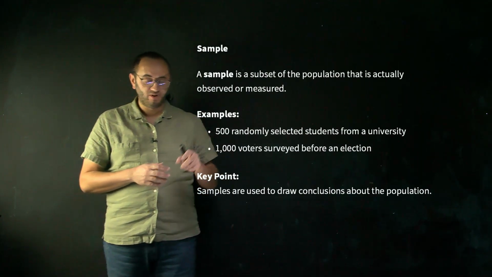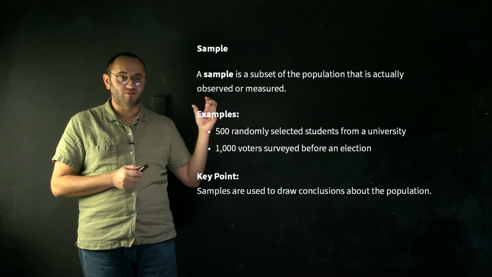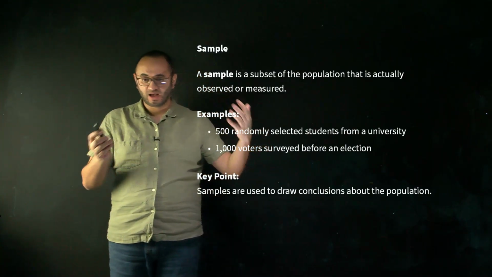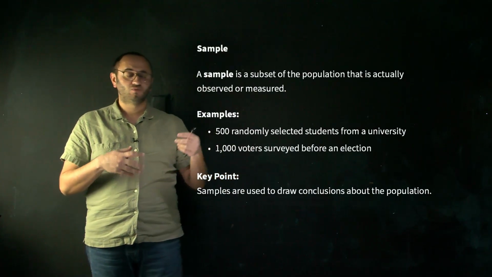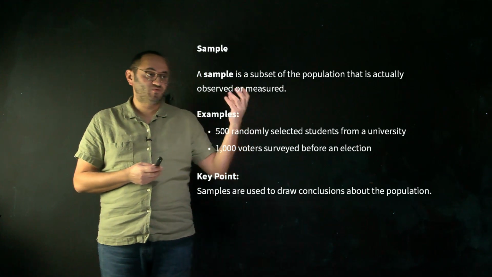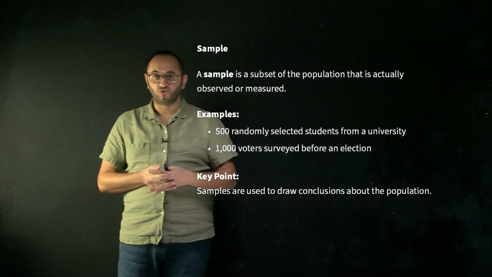Now, a sample is a subset from that population. For example, instead of asking the entire students in a university, our sample is 500 randomly selected students from the university.